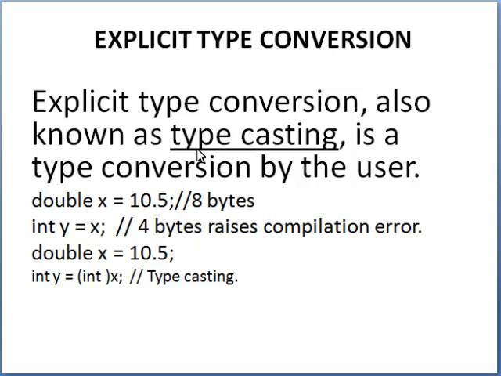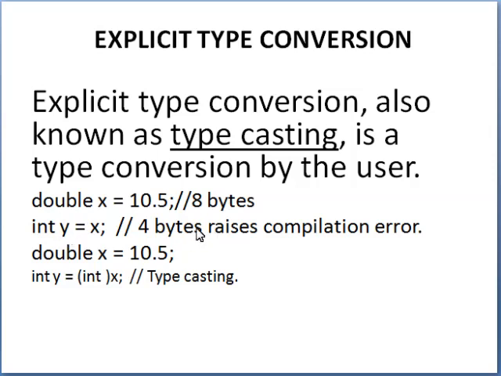For example, see, the data type of x is double. Double x is equal to 10.5, it occupies 8 bytes. And int y equal to x. So double has the higher priority because it occupies 8 bytes. Now it is asking to display the output in integer, that is 4 bytes.